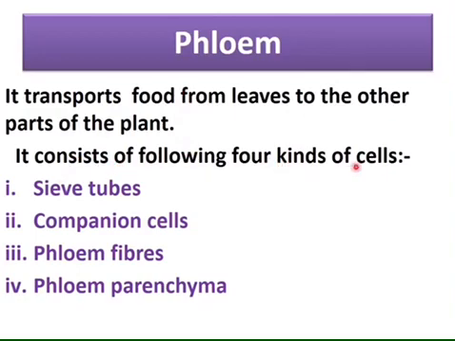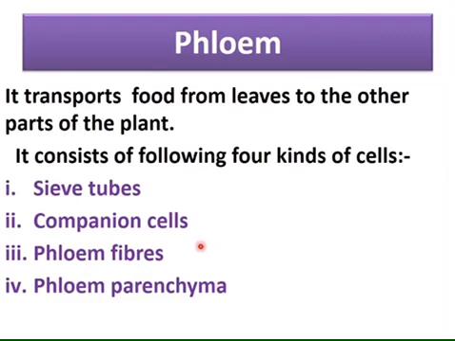Now, it also has 4 kinds of cells, like xylem. First is sieve tubes, second companion cells, third phloem fibers, and fourth is phloem parenchyma. The last two are similar to the components of xylem also. Only in place of xylem we have written phloem.